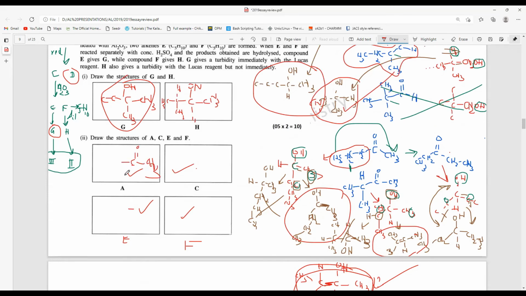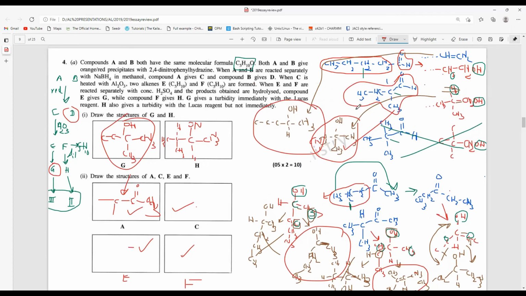So it should be this one, right? The basic idea is this, or here this. So this could be A after the hydrolysis. Then if this is A, surely if that is coming from a ketone, the other one could come from an aldehyde. So it is from this one to give the same type of tertiary G structure.